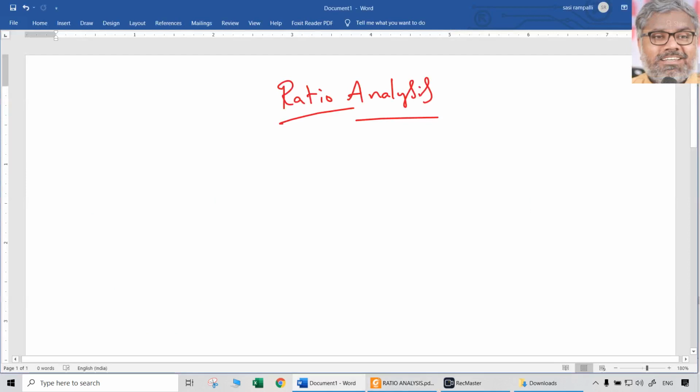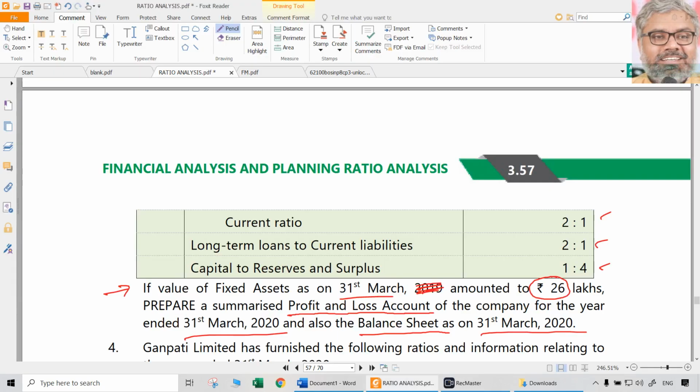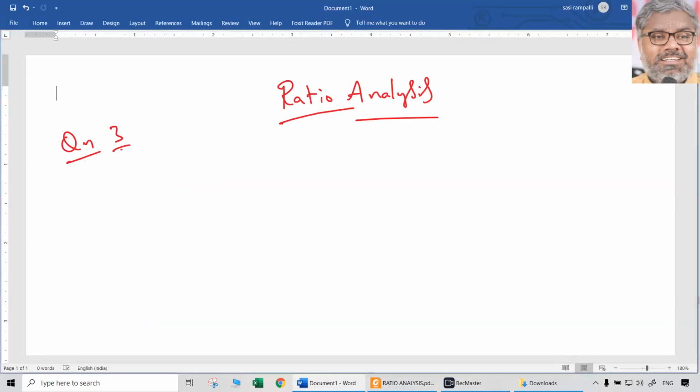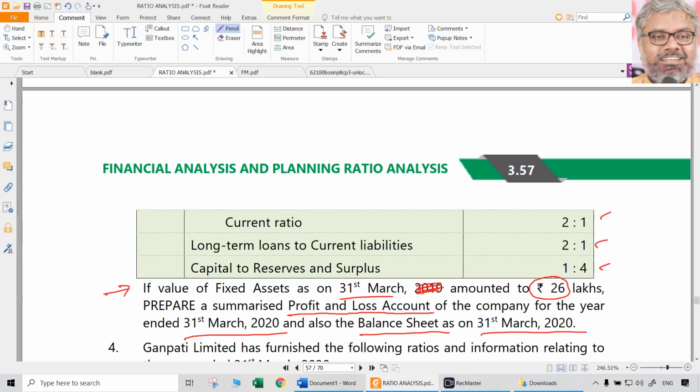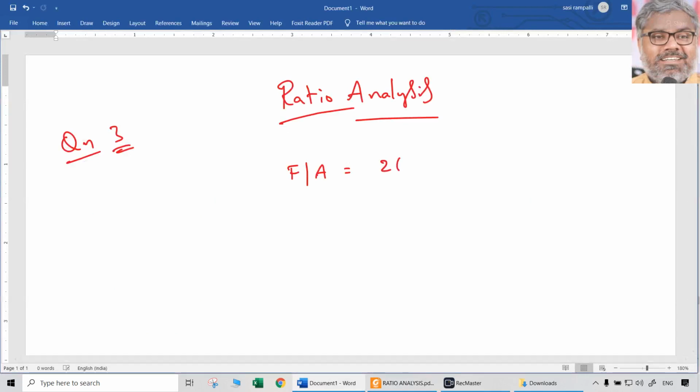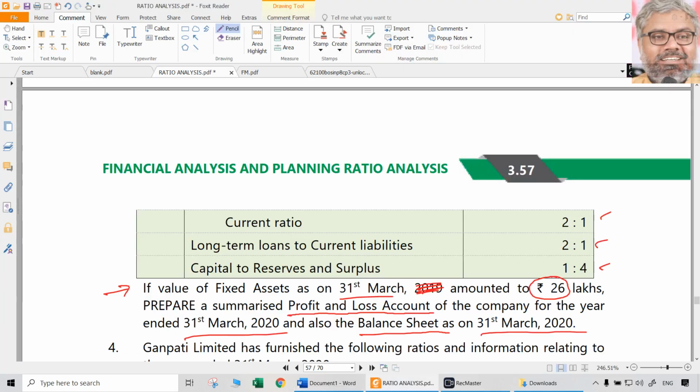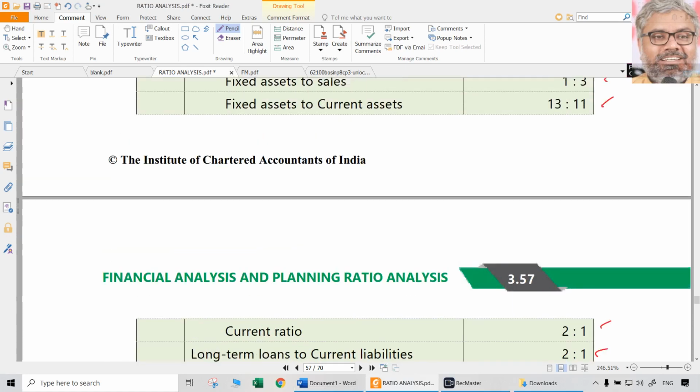So first thing first, we have to start with the amount that is given in amount form, that is fixed assets. This is question number 3. Fixed assets are 26 lakhs. Where can we start? A lot of data is given.